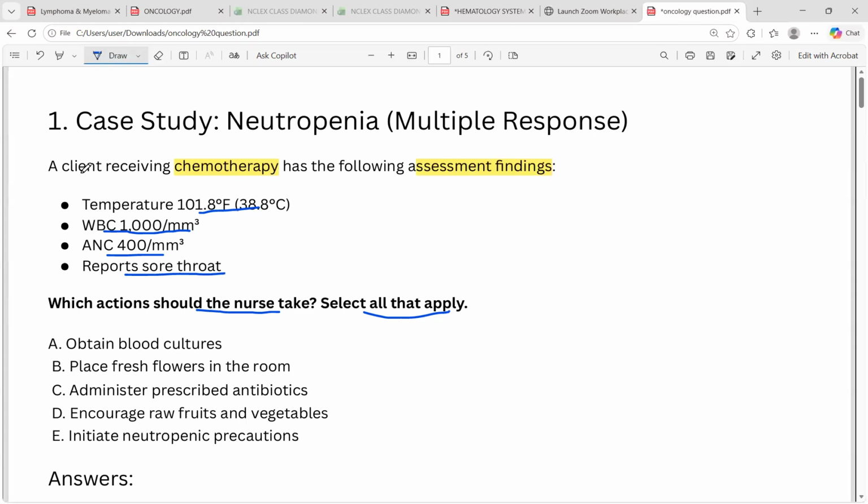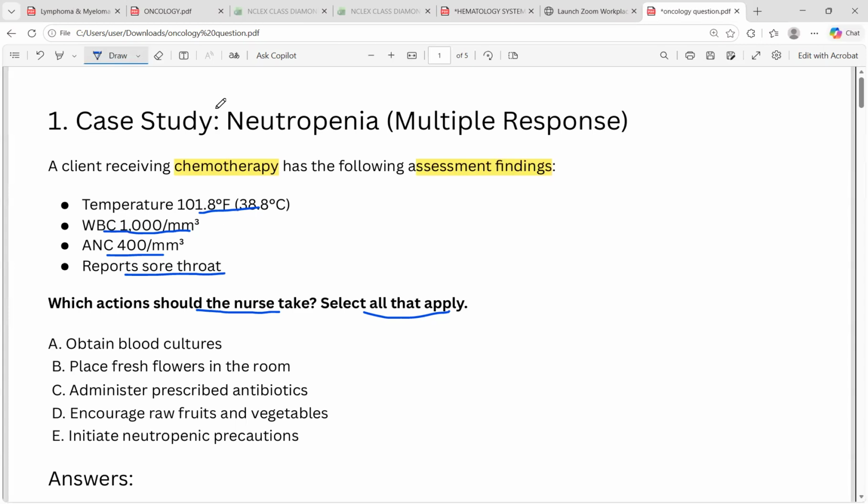That means the client is having some infection. Temperature is there, sore throat is there, and WBC is also low, so leukopenia is there. We know that when there is leukopenia, the client is susceptible to infection. After getting an infection, the WBC level normally increases.